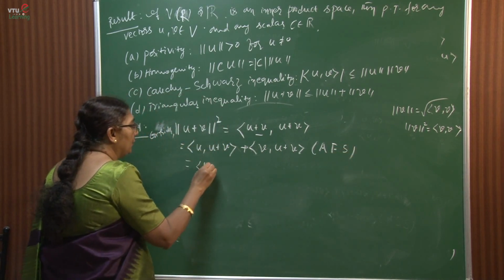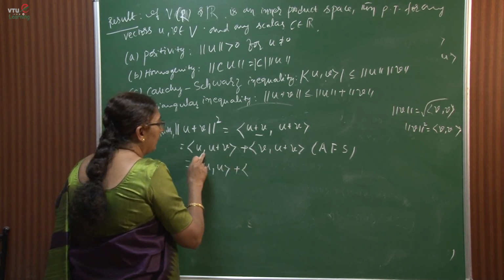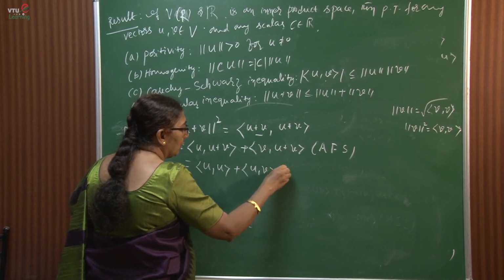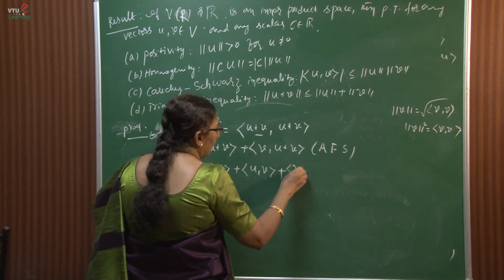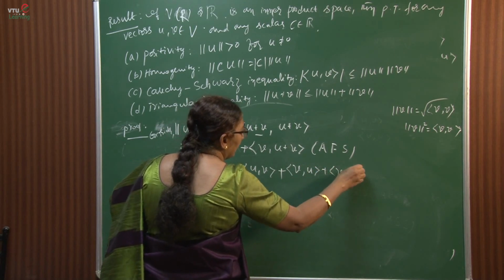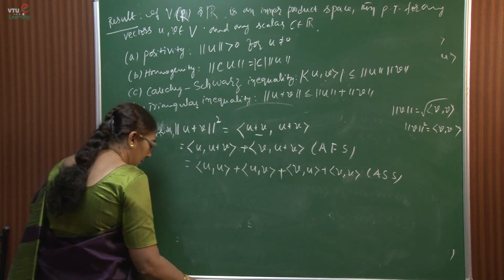Similarly, take additivity of the second slot. What we get: inner product of u comma u, inner product of u comma v, again inner product of v comma u, and also inner product of v comma v. This is additivity of the second slot.